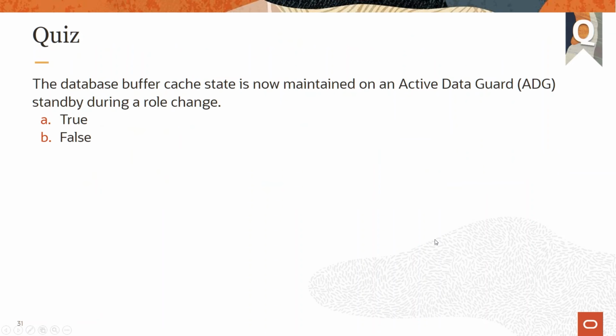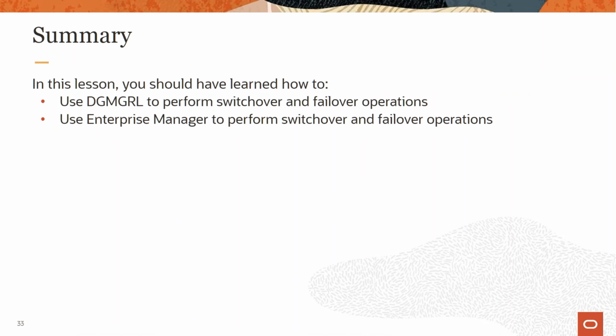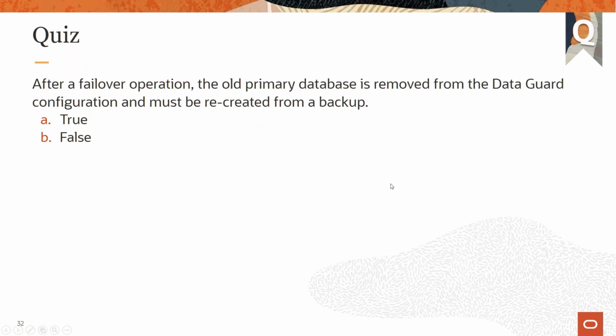Okay, so we have a quiz here. The database buffer cache state is now maintained on an Active Data Guard standby during a role change. Yes, absolutely true. I missed the previous page. After a failover operation, the old primary database is removed from the Data Guard configuration and must be recreated from a backup.